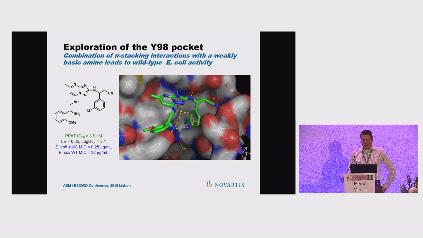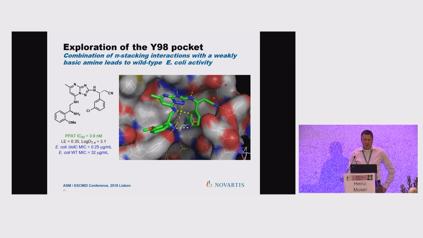We then got a single-digit nanomolar inhibitor. You can see decent ligand efficiency, which I think we haven't defined as terminology, but what it tells you is that the molecule has a certain level of molecular efficiency.